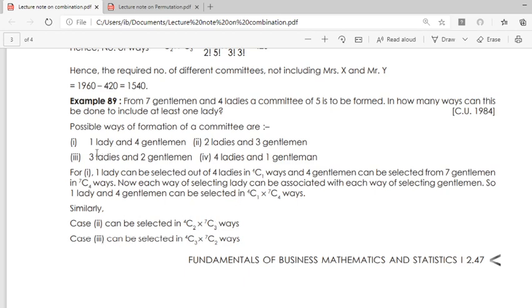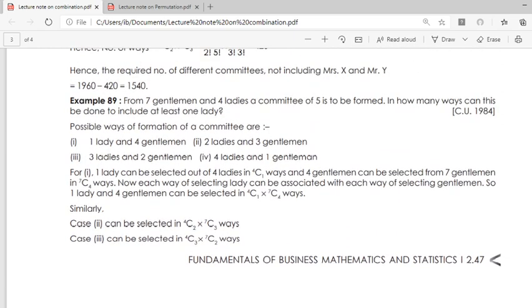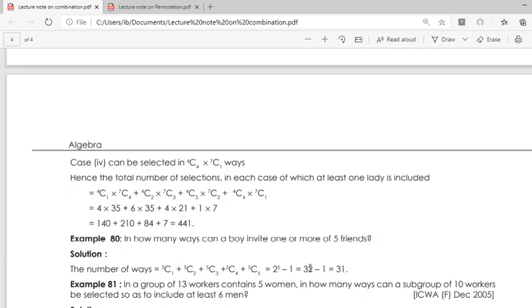Case 3, you are taking 3 ladies from 4 ladies, you have 4 combination 3, and 2 gentlemen from 7 gentlemen, times 7 combination 2. The fourth case is you are taking 4 ladies from 4 ladies, times 7 combination 1, taking 1 gentleman from 7 gentlemen.